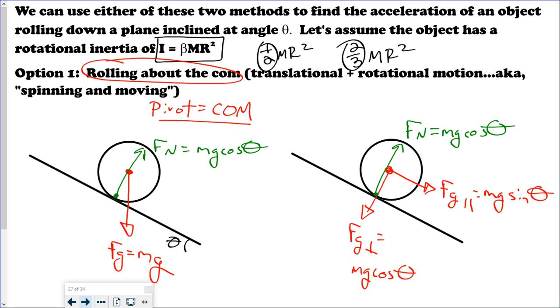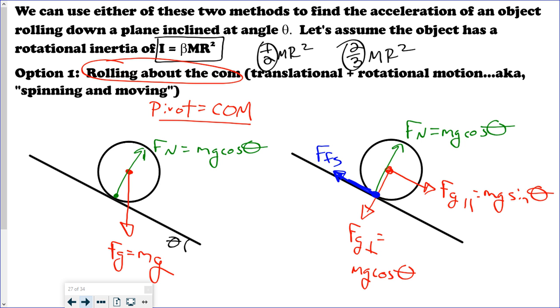All right, and then finally, there has to be friction, right? Because otherwise, the wheel would just be sliding down the hill, and that's not what's happening. So there's got to be some friction. It's got to be static friction because it's not sliding, right? So right here, we've got force of friction static.